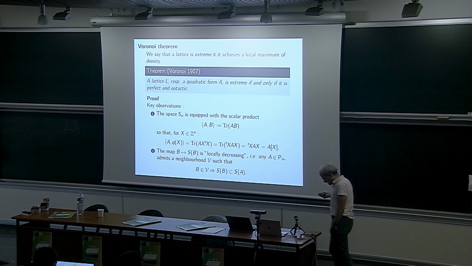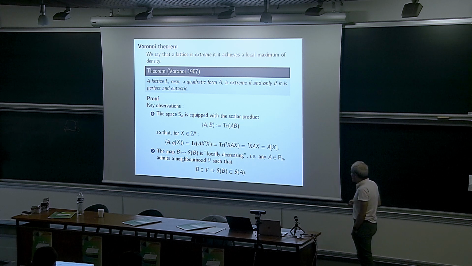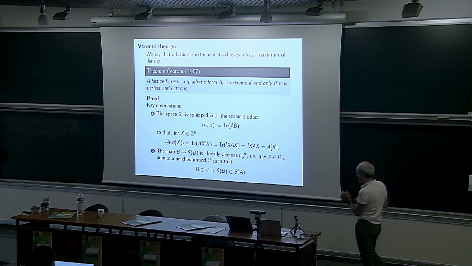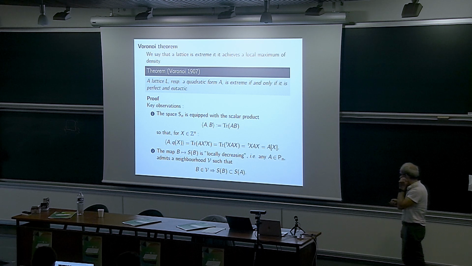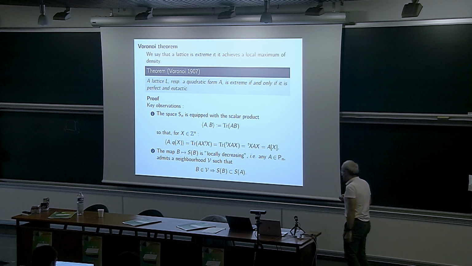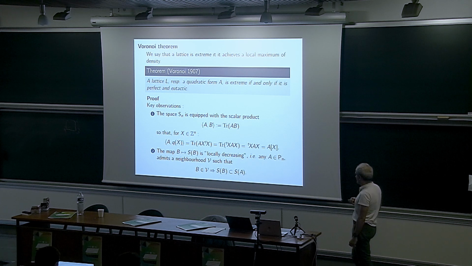And another key property is that the association of the set of minimal vectors of a given form is locally decreasing, meaning that starting with a given positive definite quadratic form, if you move in a sufficiently small neighborhood of A, of your initial matrix, the set of minimal vectors can only decrease and stay inside the set of minimal vectors of the initial form.